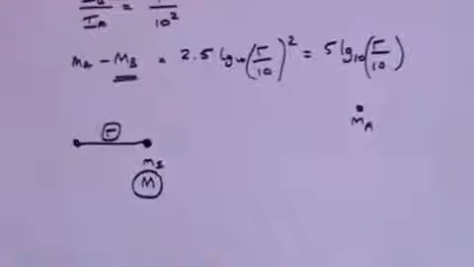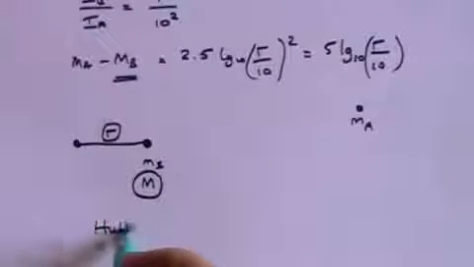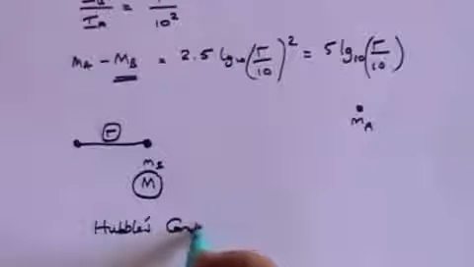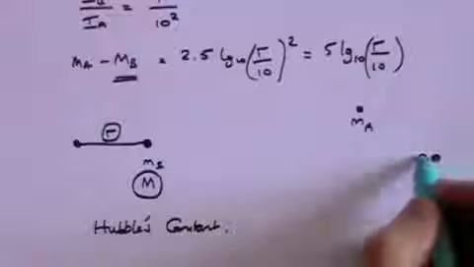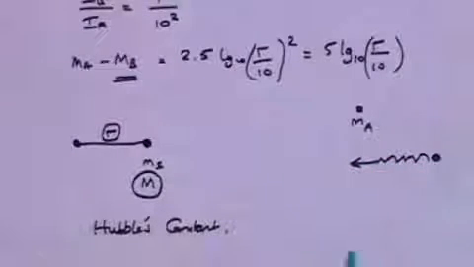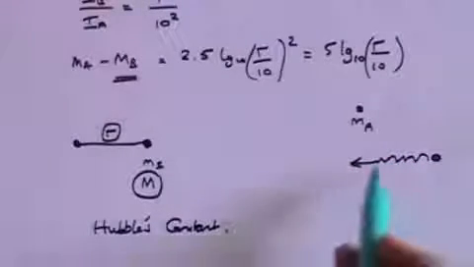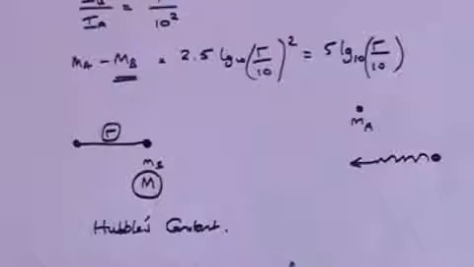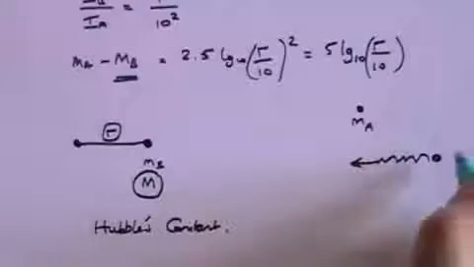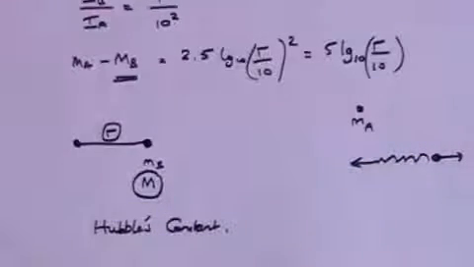And finally, you can look at Hubble's constant, and I deal with this in a different video, where you look at the redshift of stars, maybe a long way away. You look at the redshift as the light is stretched out because the star is expanding. What Hubble discovered was that the shift towards red was increased the faster that the star was receding, because the star is moving outwards.